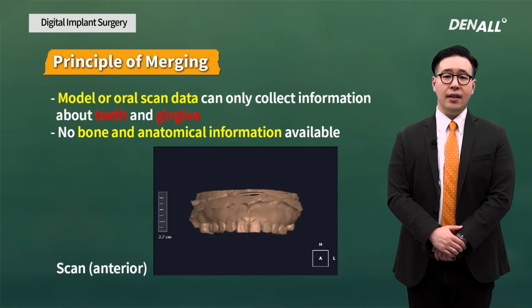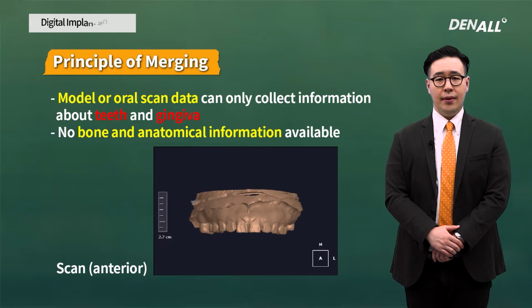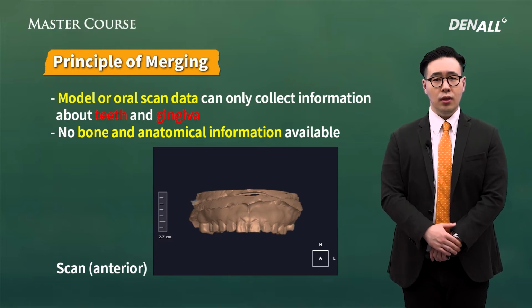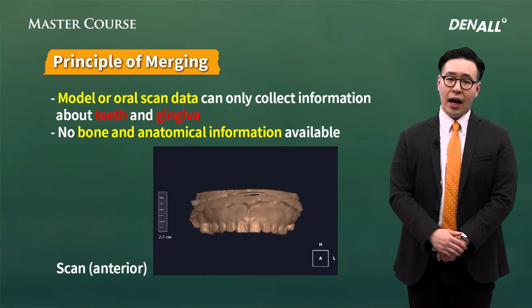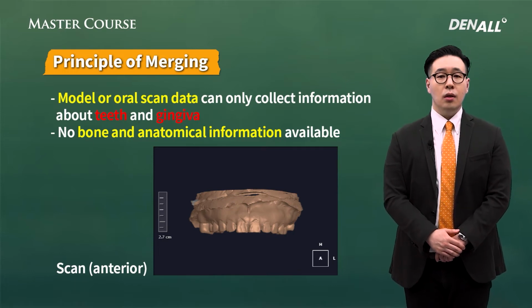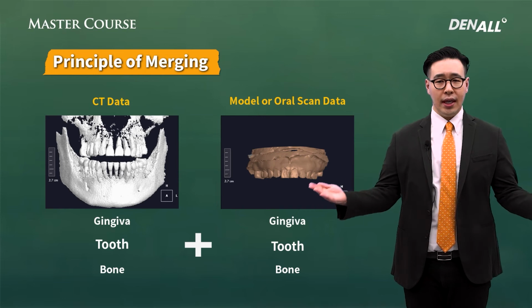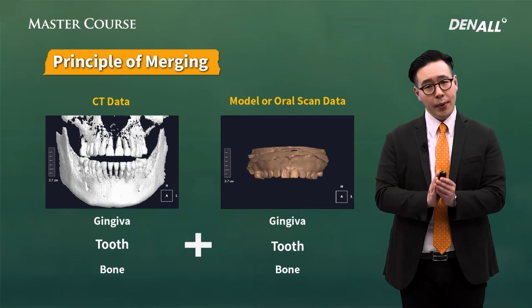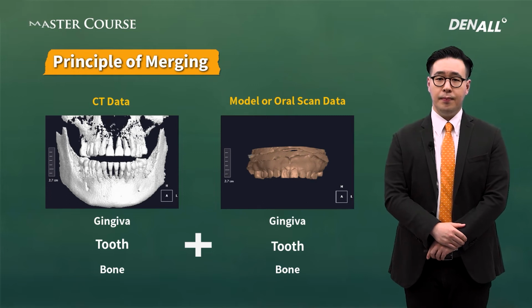The surface scan data has information on teeth and soft tissue surface, but not bone surface. The scan data is the basis for fitting of a guide to the tissue and prosthesis. So, these two types of data need to be merged accurately to conduct the guided surgery accurately.